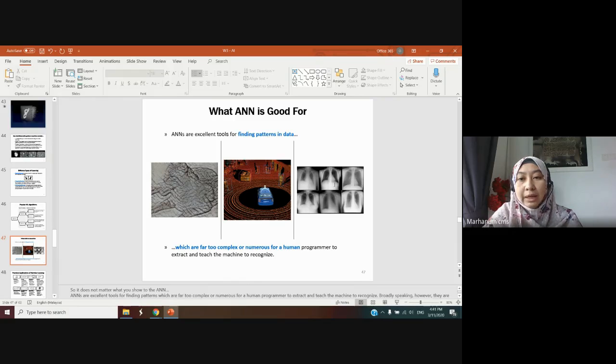Okay, we ask them. And also this one, I don't know what is this. What is this? This is the car. And this one, the patterns. What is this? Cat. Or we ask them to identify.